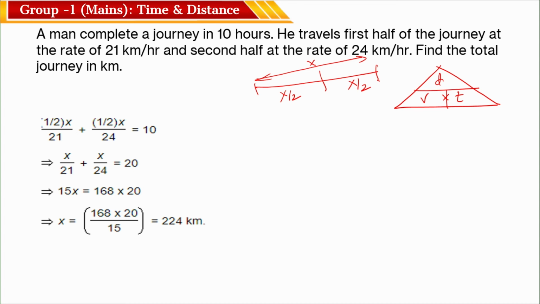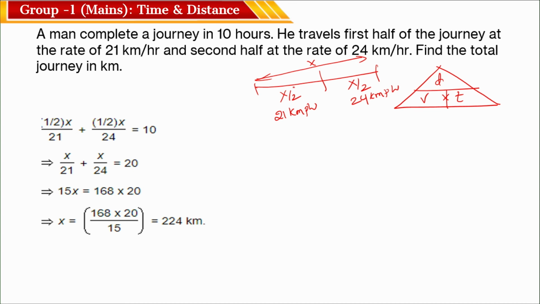So the man travels half of the distance with the speed of 21 kmph, and in the second half 24 kmph. This is the information which is given. So we know the distance and the speed, and the time is required, correct.